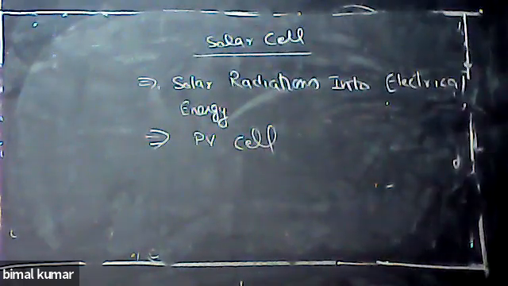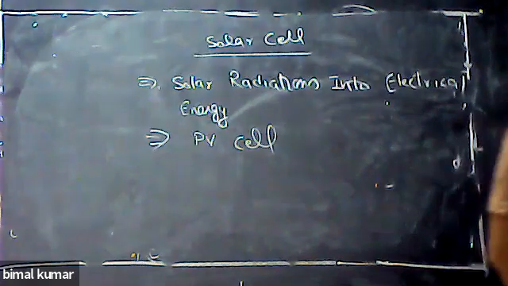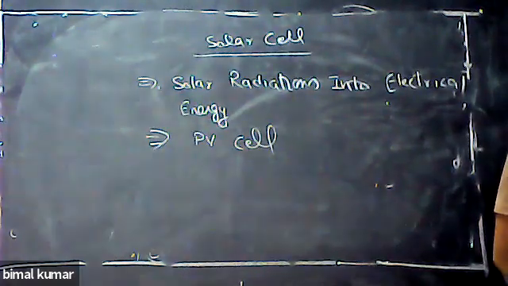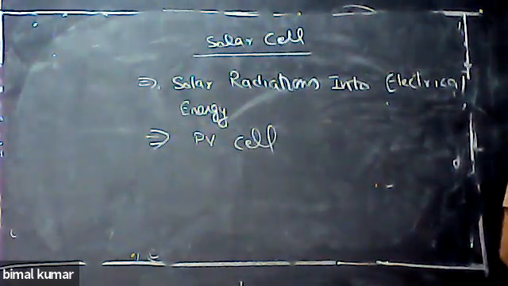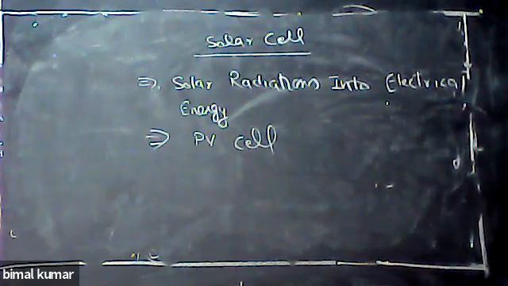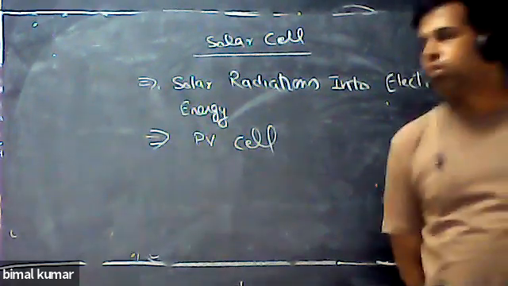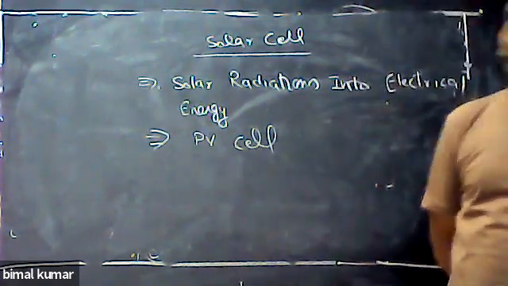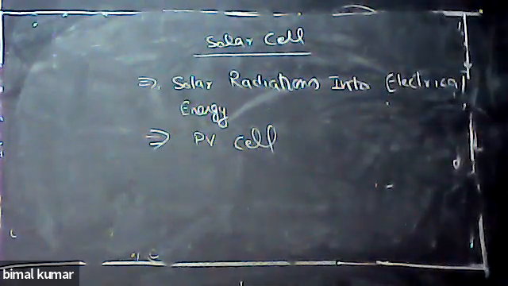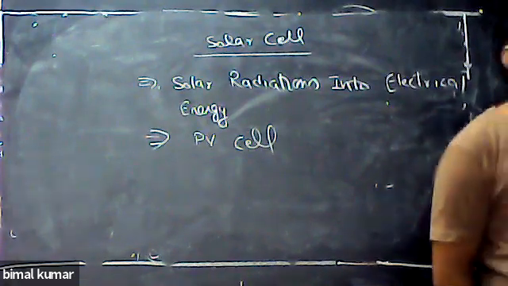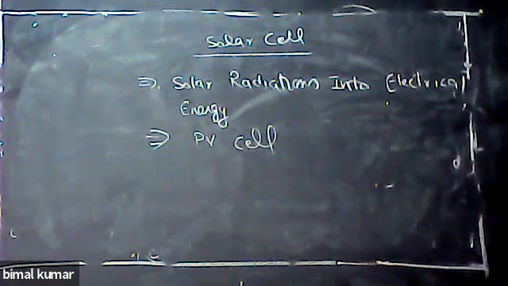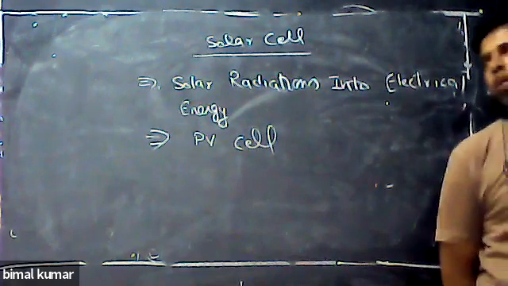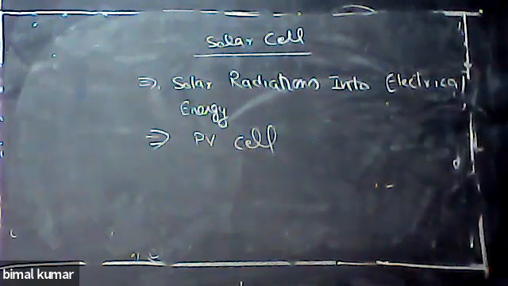So that means we are not able to operate our home appliances with the help of only one photovoltaic cell or solar cell. So if we want to increase our voltage, a number of photovoltaic cells or solar cells are connected in series with each other, right?